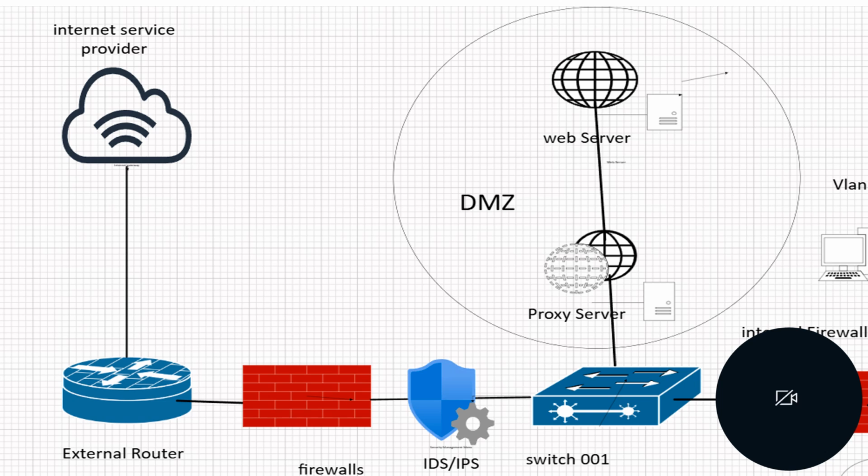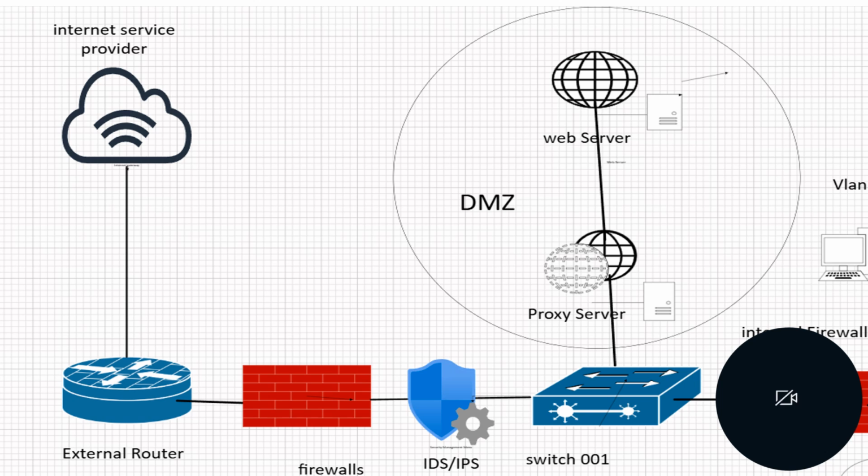After the router, we have a firewall for traffic filtering, and for defense in depth, I put an IPS and IDS after the firewall. If any risk is coming, the intrusion detection will catch it. On the same device, the IPS will detect and prevent viruses.